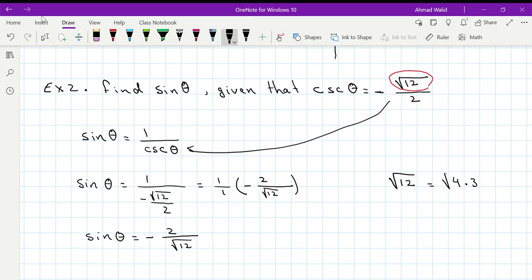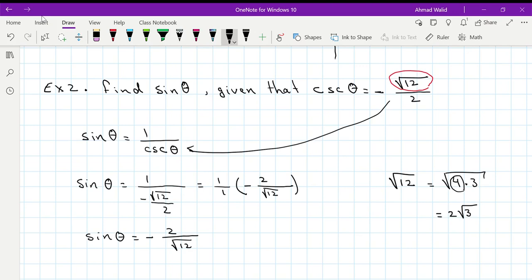Why am I doing that? Because I know 4 has a perfect square root. It can go out of the square root, correct? It means the square root of 4 is 2 and 3 stays under the radical. In other words, square root of 12 means 2 radical 3.